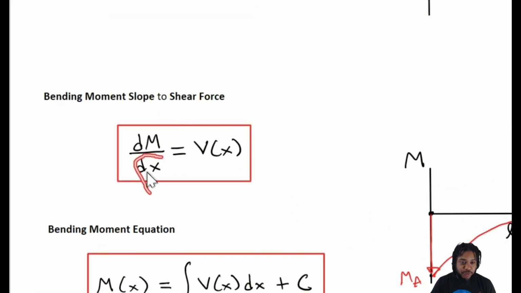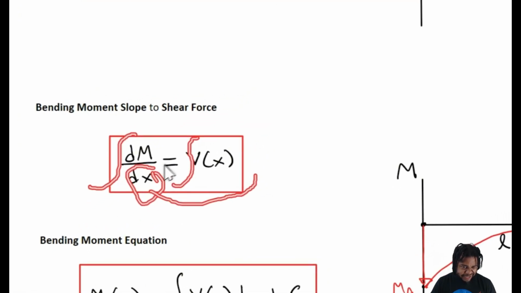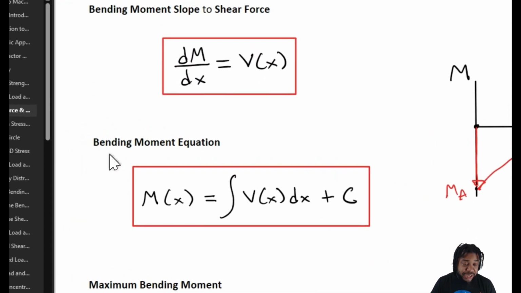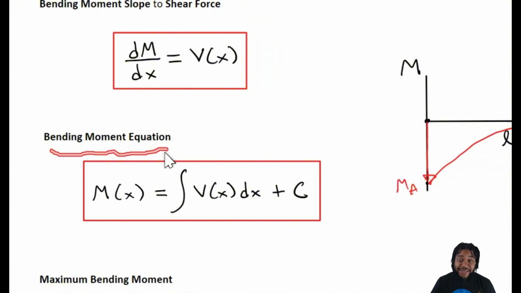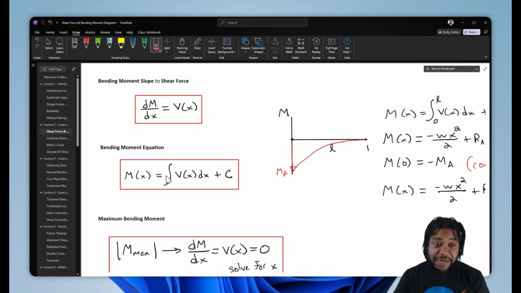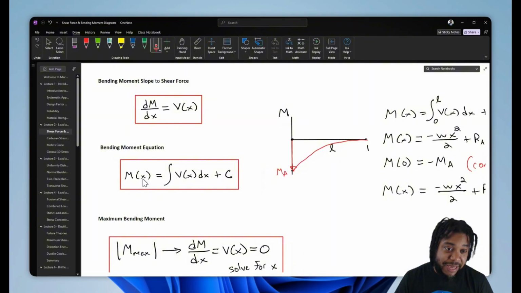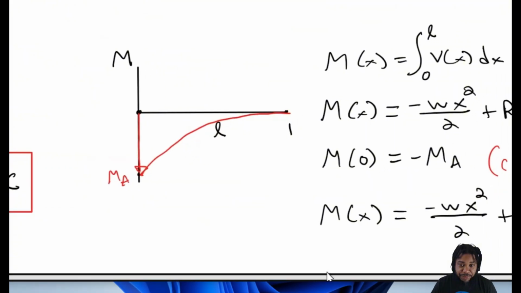Well, if we move dx to the right-hand side, and we integrate both sides of this equation, we can solve for the bending moment equation. We can actually solve for the equation that defines the bending moment diagram, where the bending moment, M, at any position of x, is equal to the integral of the shear force dx plus a constant of integration, C. So now let's go and look at our example.